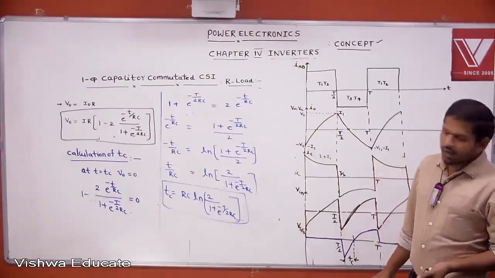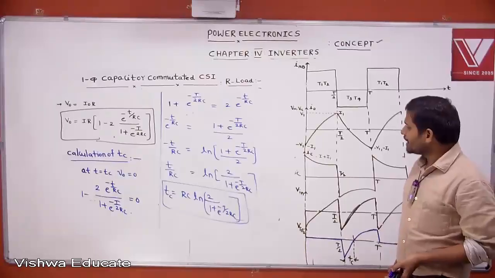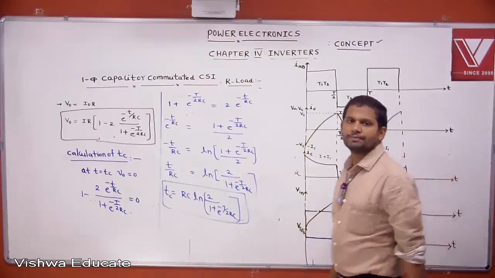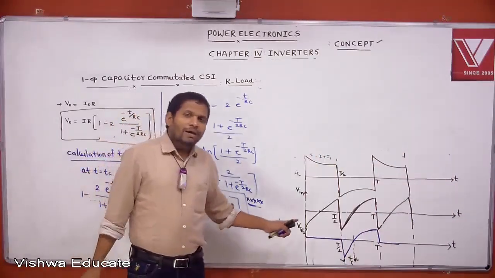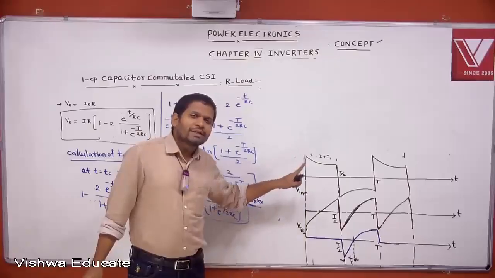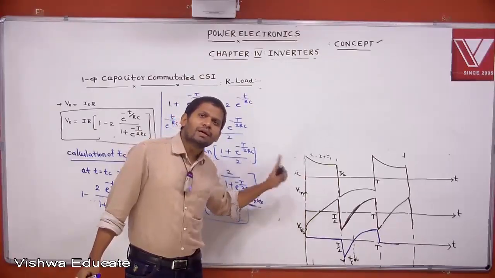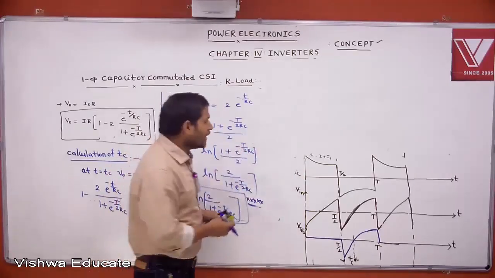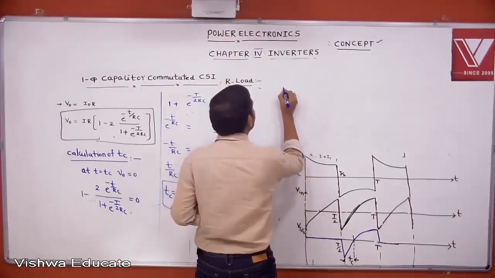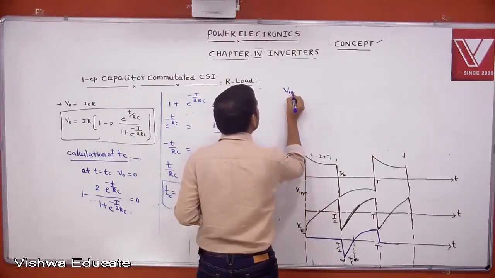Tc equals RC into ln of 2 by (1 plus e power minus t by 2 RC). Whatever the load voltage is, that same voltage will appear across the input also. That's why we want to calculate the average input voltage Vin.